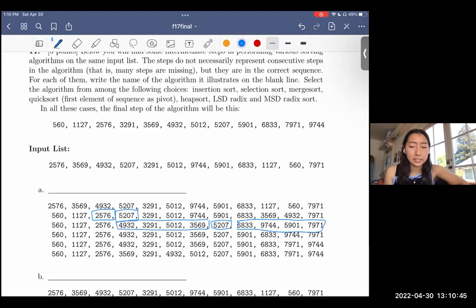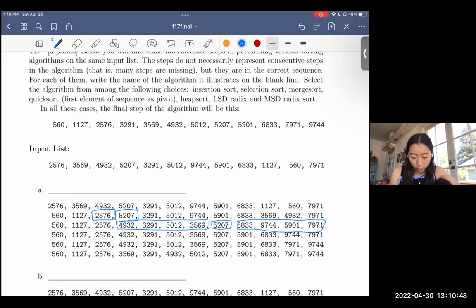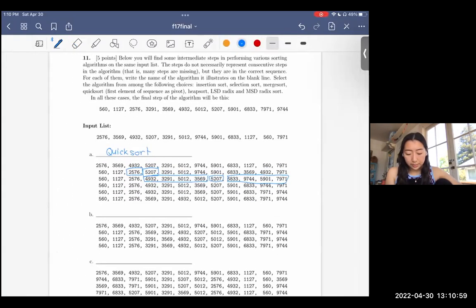Just based off this, I feel pretty confident saying that this one is quicksort. If you look at the next steps on your own, you could see that it would continue to work as quicksort. Cool. So I'm going to say this one's quicksort.